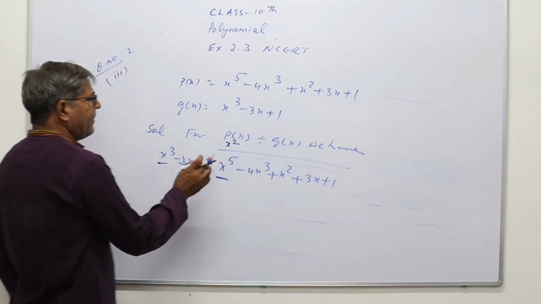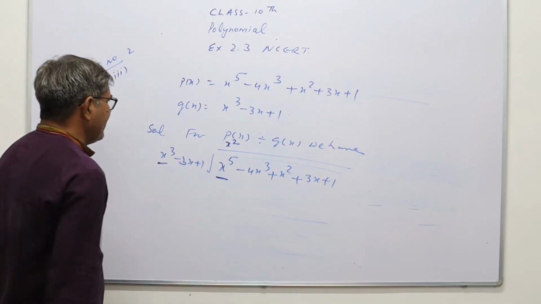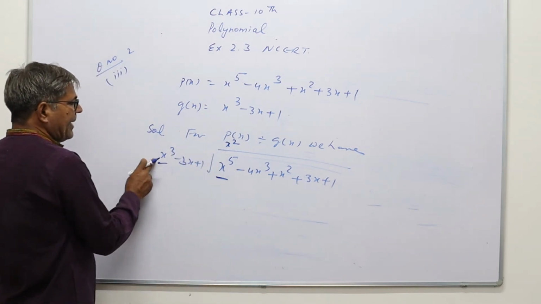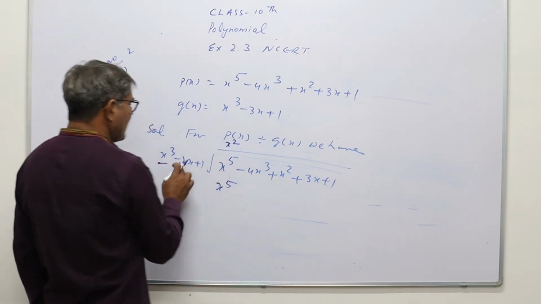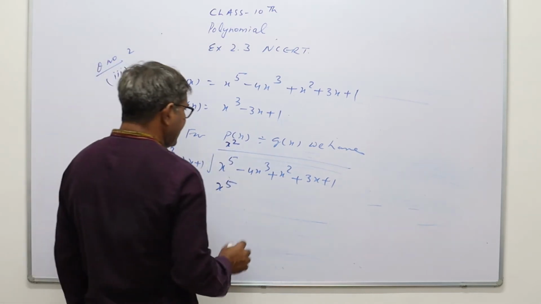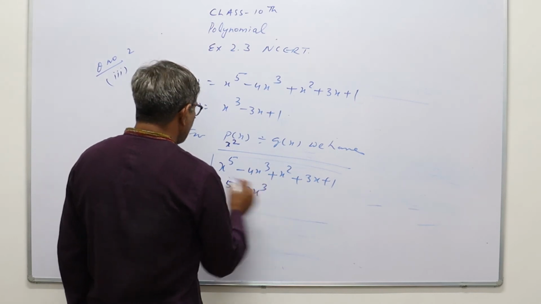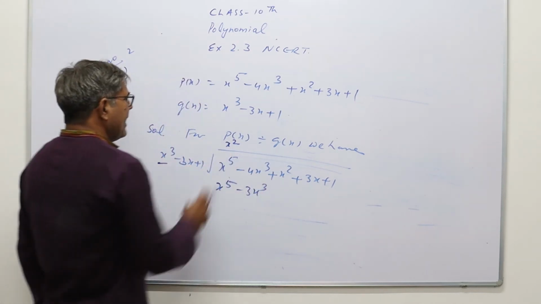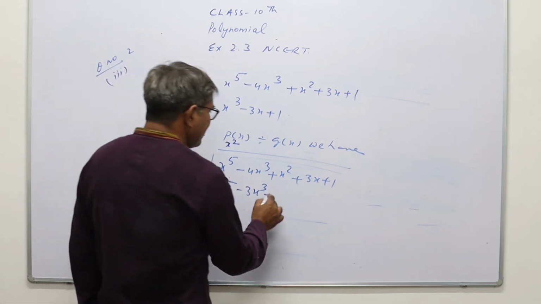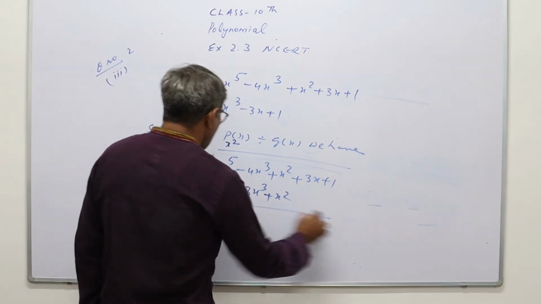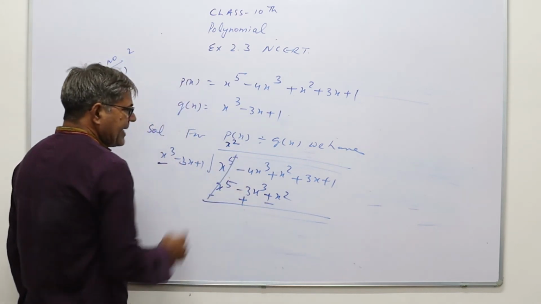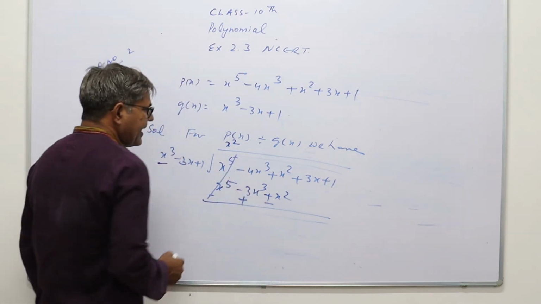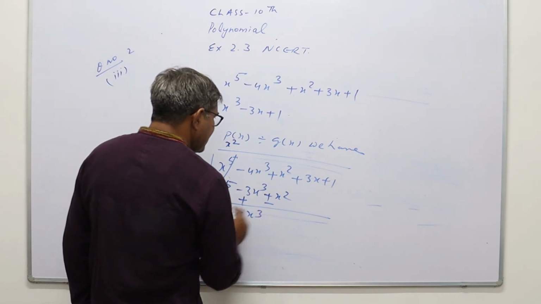Then you have to multiply x square by the whole divisor. So x square multiplied by x cube, then it will be x power 5, then x square into minus 3x, that is minus 3x cube, then x square into 1, that is plus x square. Now on subtracting, minus plus minus. So it will cancel out, minus 4x cube plus 3x cube, that is minus x cube.